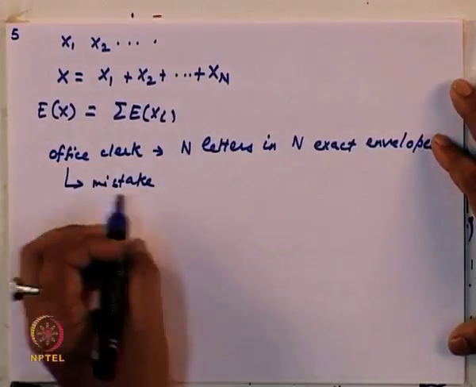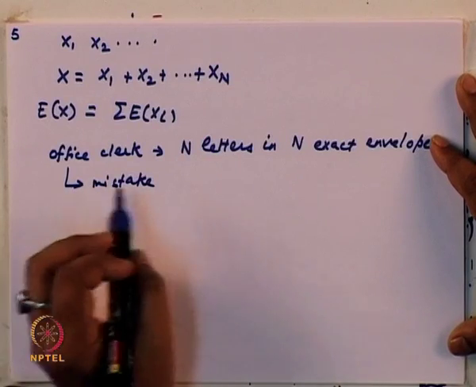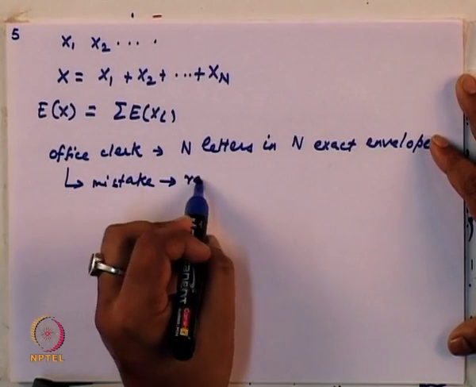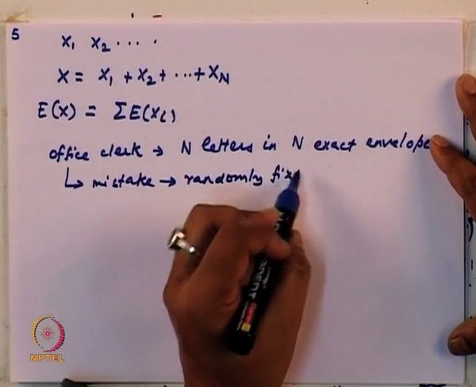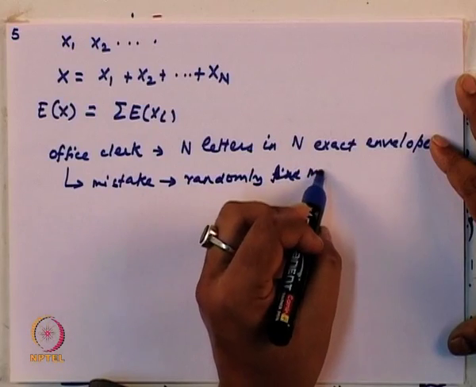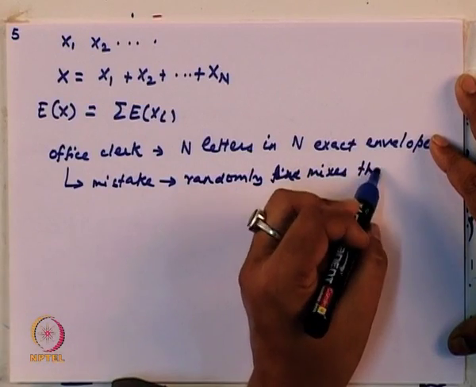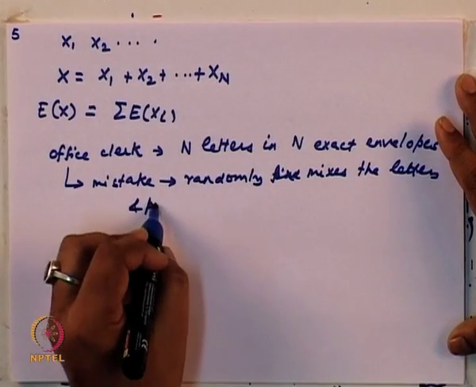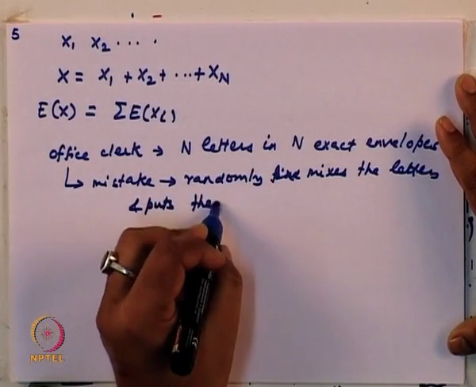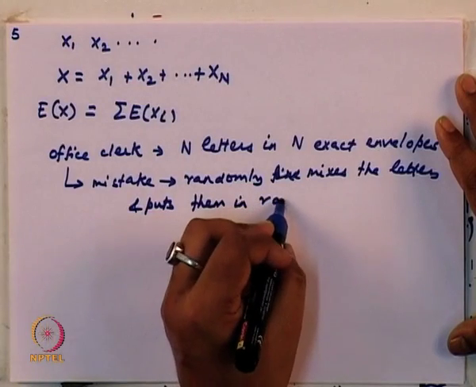By mistake, the office clerk makes a mistake and randomly mixes the letters and puts them in random envelopes.